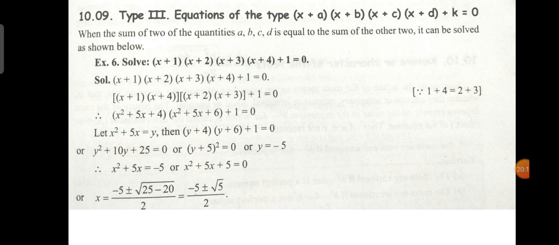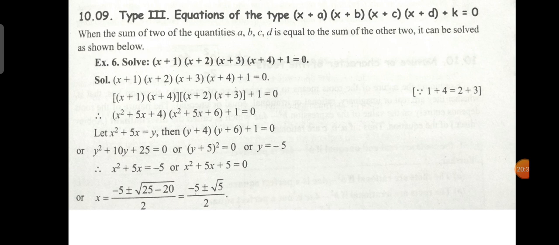So take the product of the first two, x plus 1 into x plus 4, first and last, and x plus 2 into x plus 3. Okay, so summing like that, the product is (x square plus 5x plus 4) and (x square plus 5x plus 6) plus 1 equal to 0.